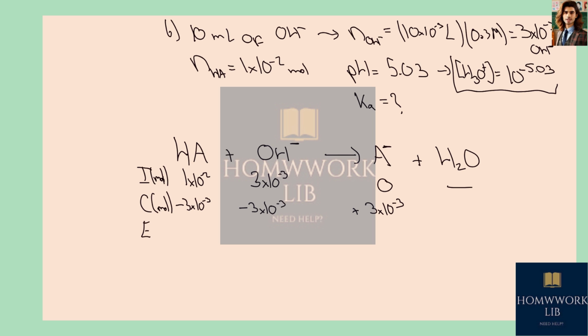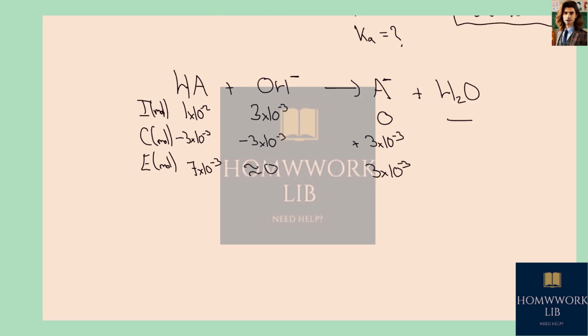So at equilibrium, the value that we're getting is 7 times 10 to the minus 3, something close to 0, and 3 times 10 to the minus 3. And all of this is in mole.